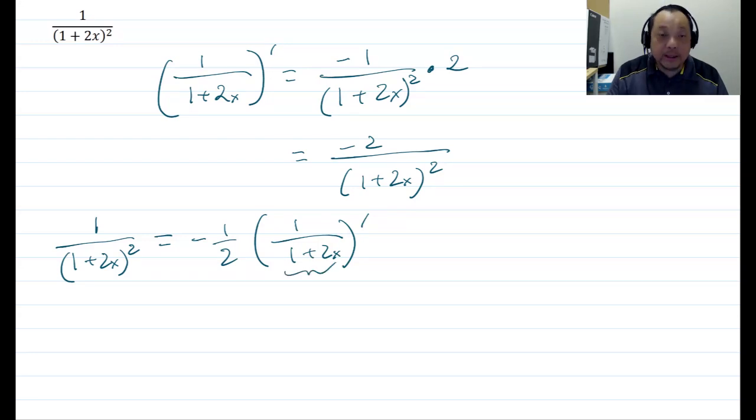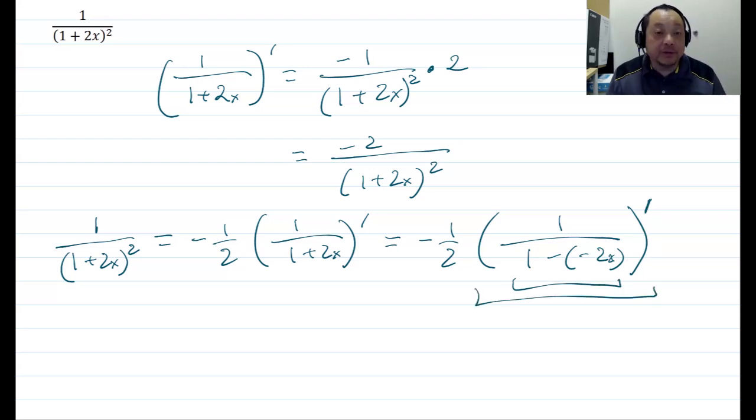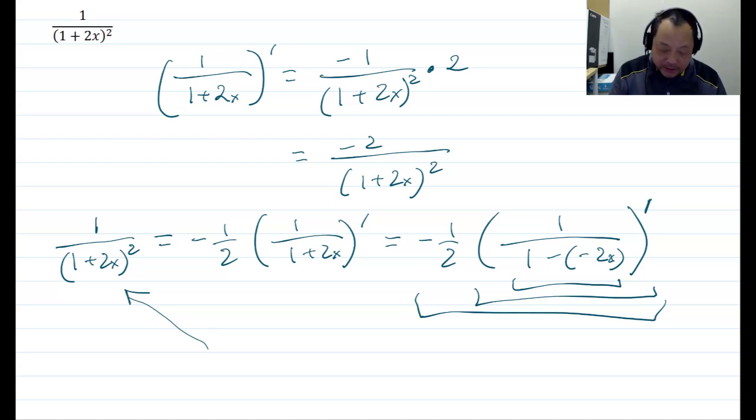And this one I can write using the geometric series. Instead of 1 plus 2x, I will write it as 1 minus (-2x). All right, so I know what I'll do. I'll start with this, and I'll write the geometric series. And then I take the derivative of it, and then I multiply it by -1/2. That should get me this function. All right, so let's get started with 1 minus (-2x).